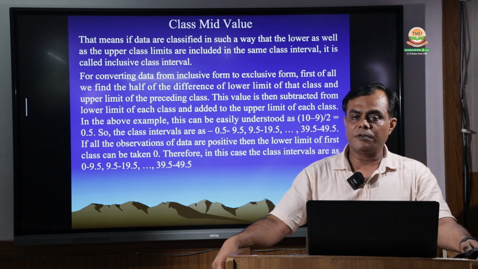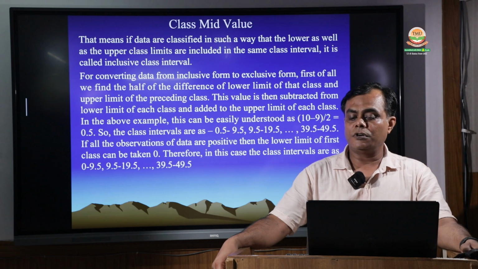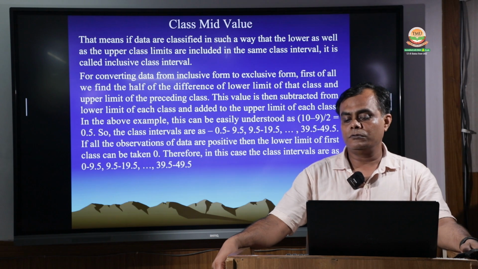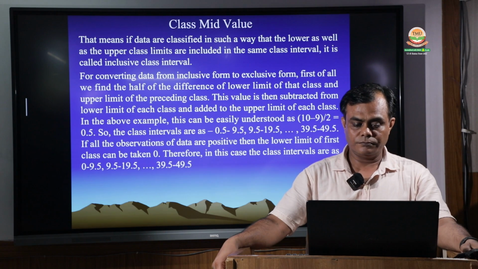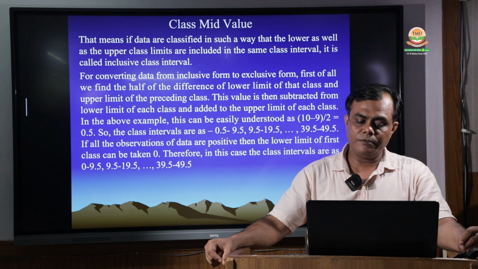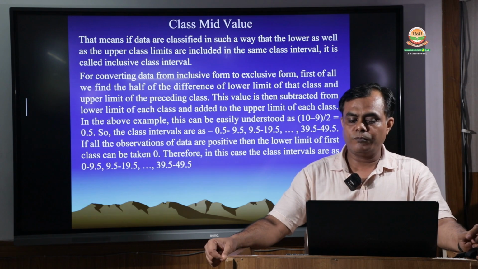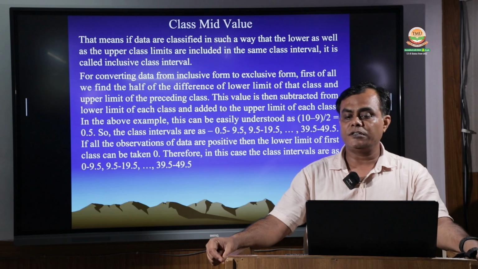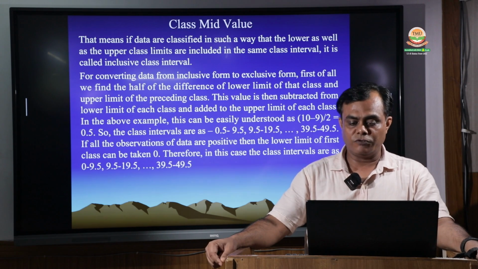In the above example, 10 minus 9 divided by 2 is equal to 0.5. So, the class intervals are 9.5 to 19.5, up to 39.5 to 49.5.